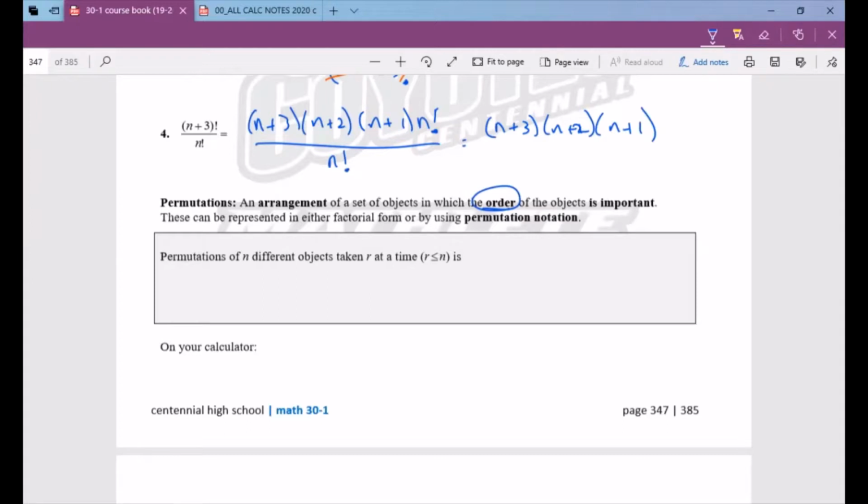This ends up being on your formula sheet, and it says that if we have n different objects, taken r at a time, where r is less than n, this is n factorial over n minus r factorial. Our notation for this is a subscript of n, capital P, and then a subscript of r.